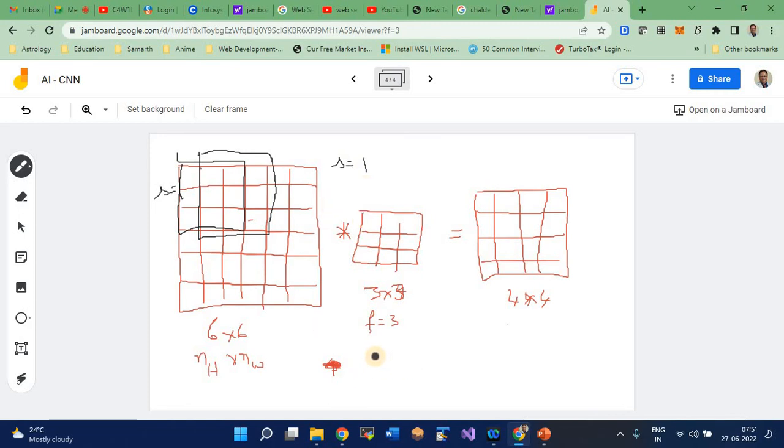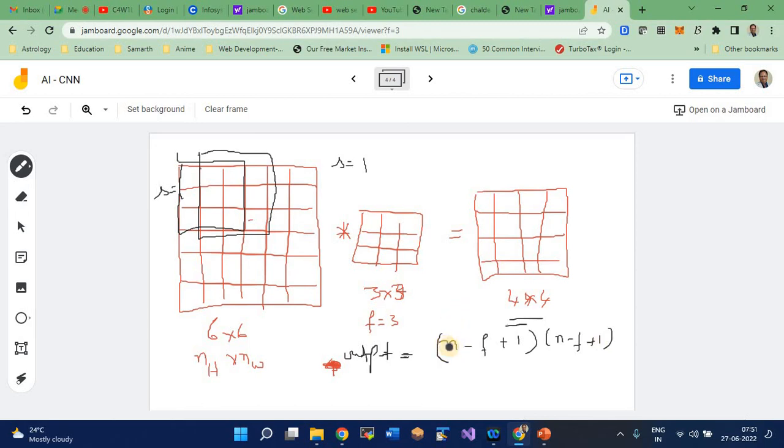Now if you look at it, the output, number of pixels by number of pixels, is equal to (n minus f plus 1) into (n minus f plus 1), right? That's what you got.